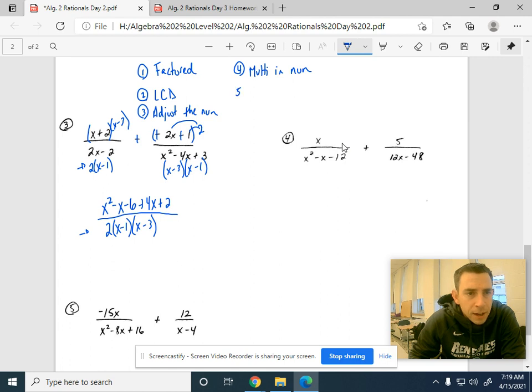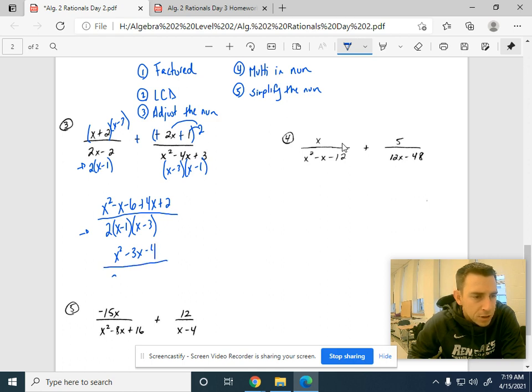The fifth step, right after we multiply, is simplify the numerators, meaning combine like terms. So we have x squared minus 3x minus 4. Nothing changed in the denominator. A sixth step is now factor the numerator if possible.